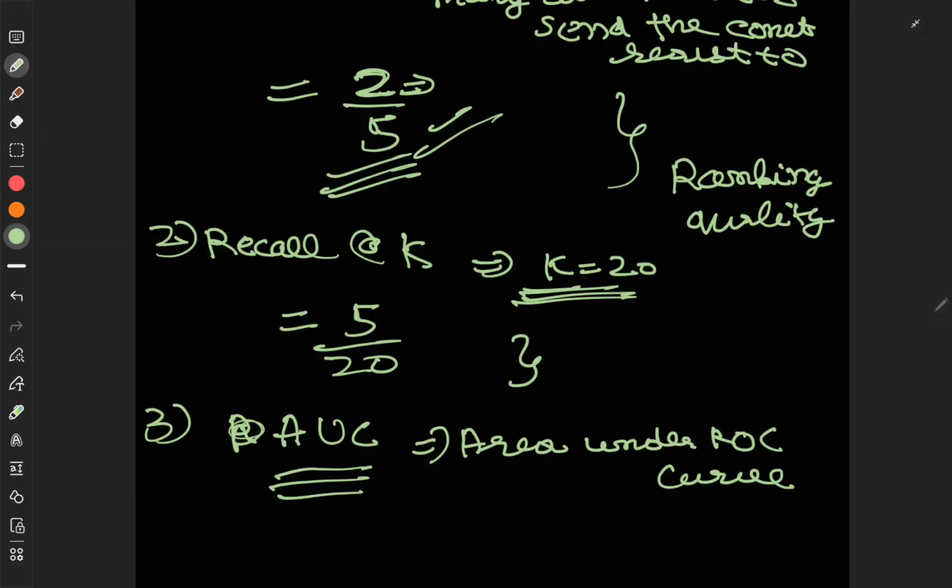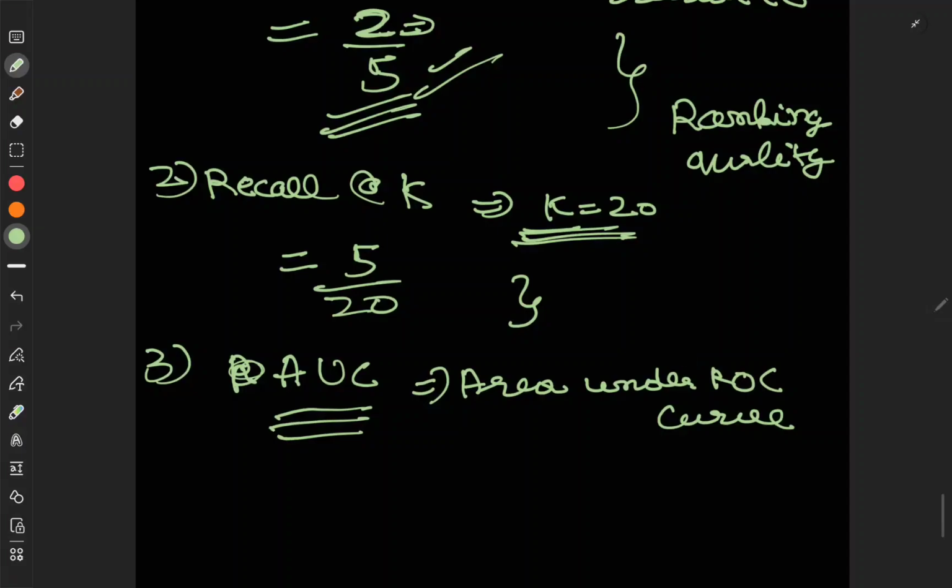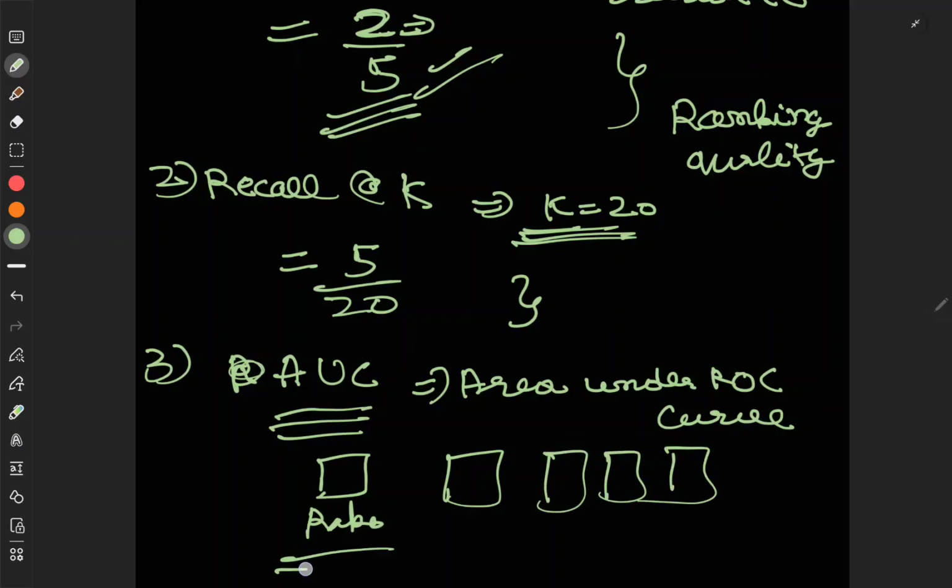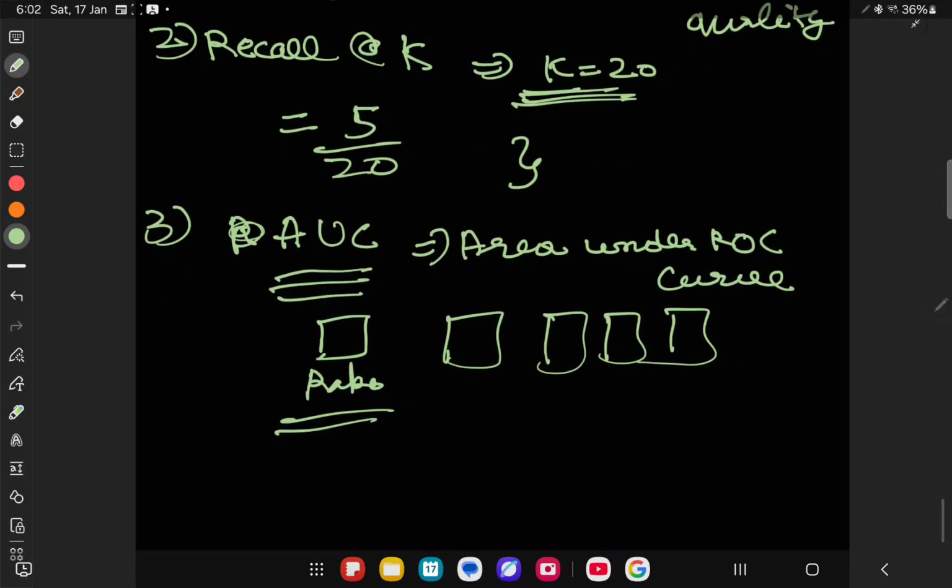What do we mean by ranking quality here? A person who is in the same company as yours, or in the same college as yours, has very high chances of connecting with you. So he should be ranked first, right? If I'm showing you 20 connections, he should be at first.